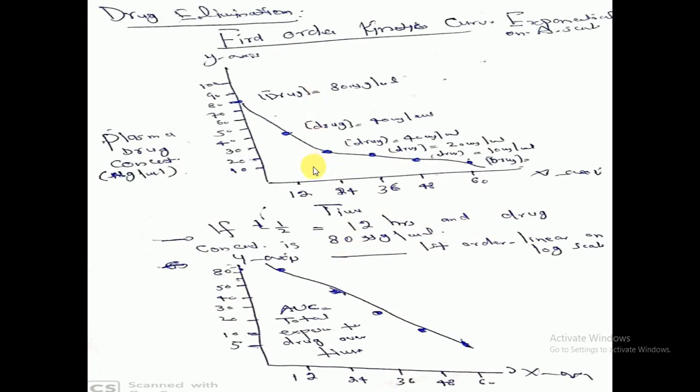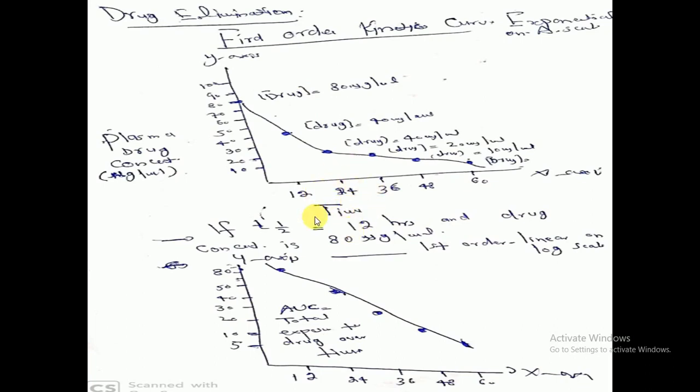So after 12 hours, this is the total concentration of drug given here. I will mark it here: it is 80 microgram per ml. After each 12 hours the concentration of the drug will be reduced. So the concentration will be reduced from 80 to 40.